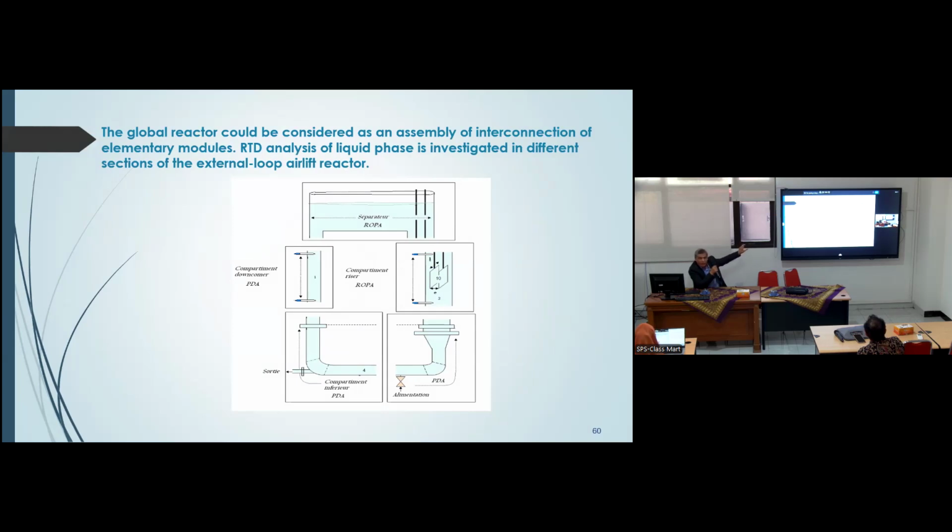I have to analyze the flow in each part, how it flows. So I use the tracer technique. I put several conductivity probes, and I have a tracer, and I detect the history of what becomes of this tracer with the flow. Okay?